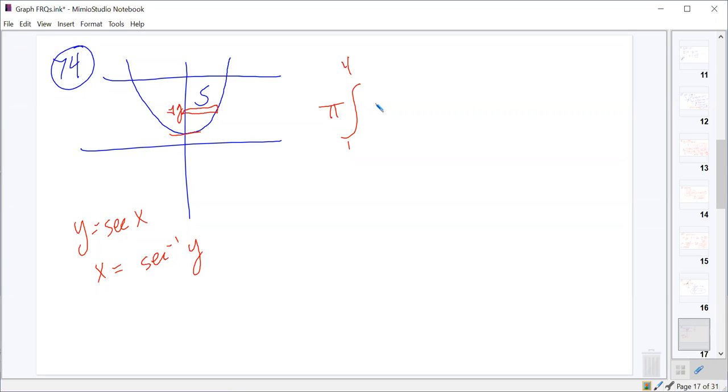And so that's what we need, the inverse secant of y squared dy, and then you'll just integrate that on your calculator. And it looks like it came out to be 11.385.